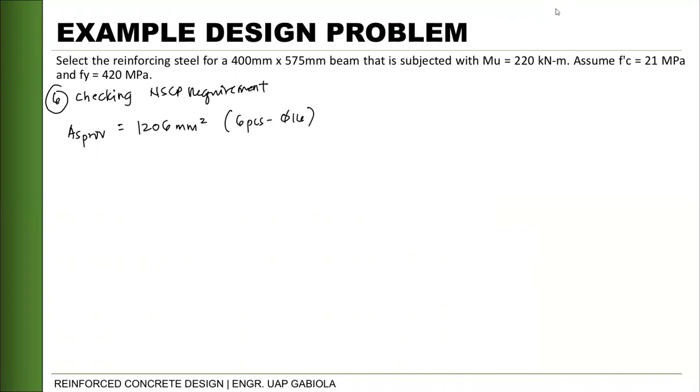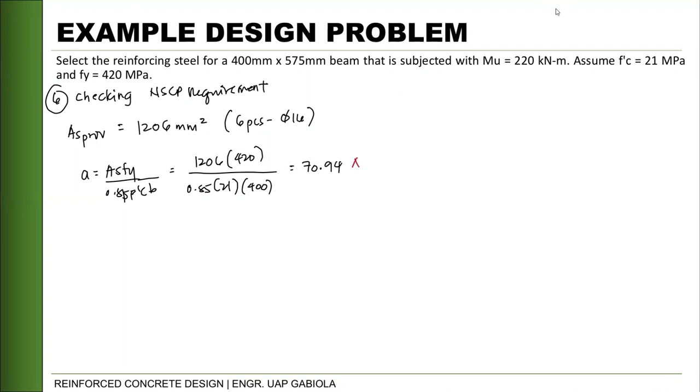To check the strain, we need the value of a using the formula a = As fy over 0.85 f'c b. So we have 1206 times 420 all over 0.85 times 21 times our width, which is 400. That is 70.94, so we store that in memory A of our calculator.